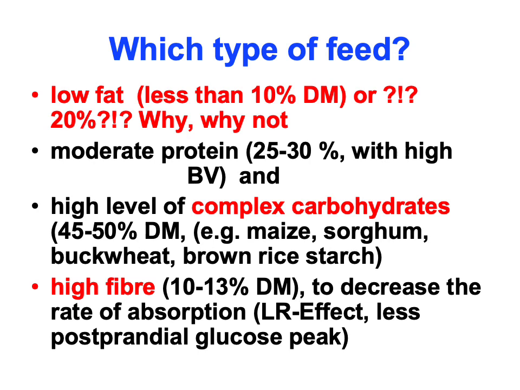Concerning the protein, no extra requirement. Moderate protein, 25% for dog and 30% for cat, with high biological value. And this is very special, a high level of complex carbohydrates, up to half of the dry matter.